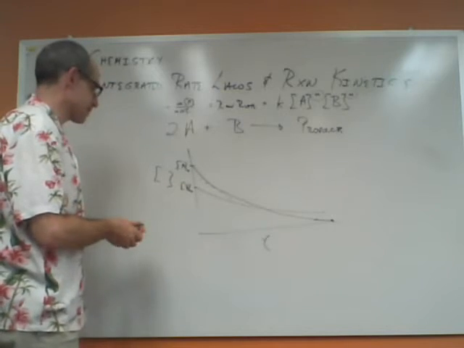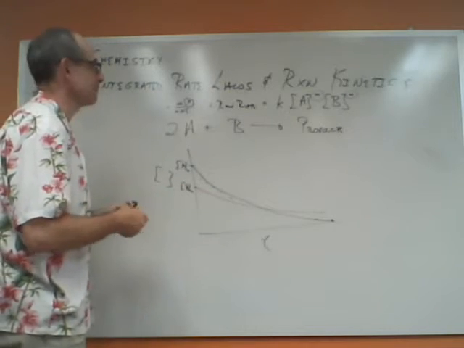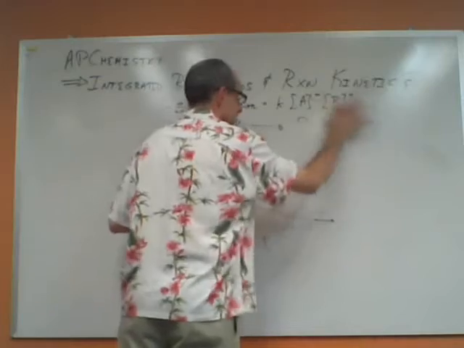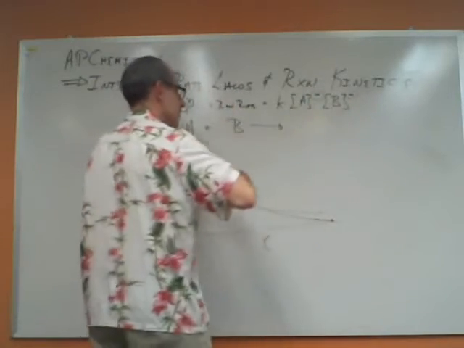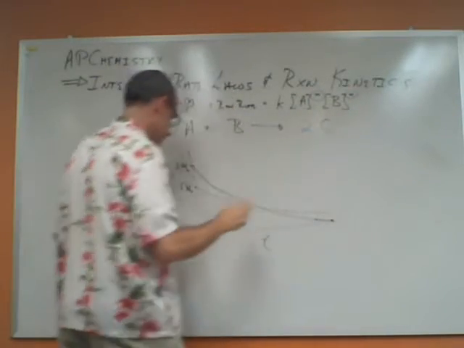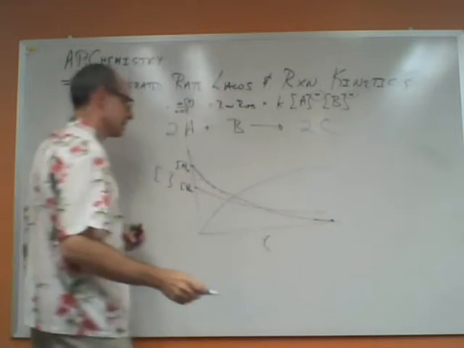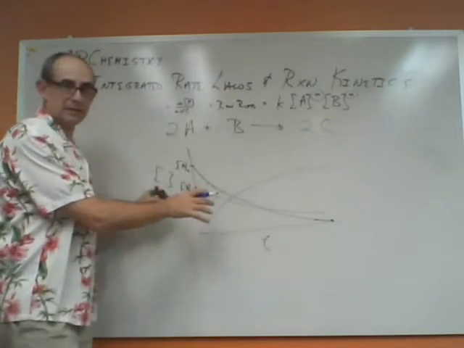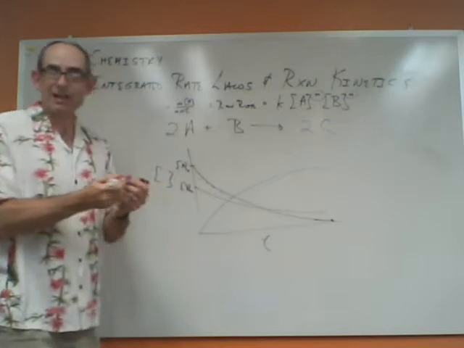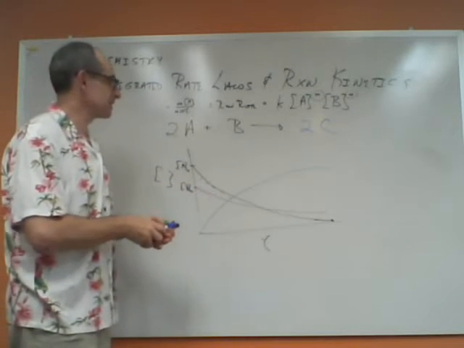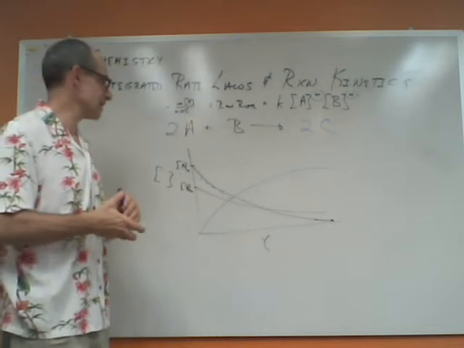These curves of concentration versus time, and obviously if we had a product here, and let's make the product 2 units of C, that might start out and do something like this. These curves are algebraically or mathematically difficult to determine.